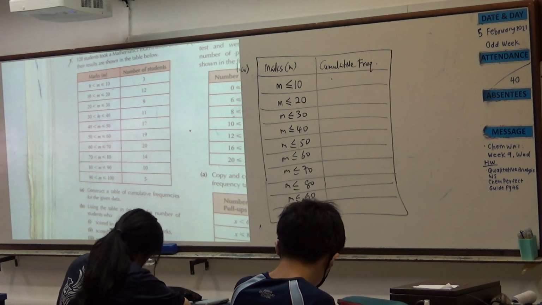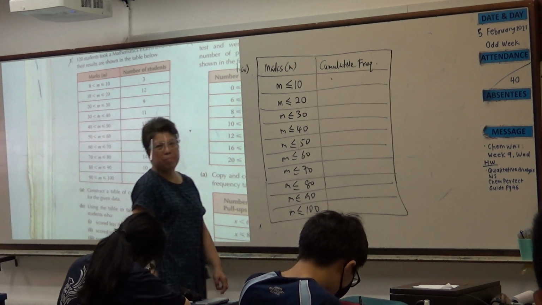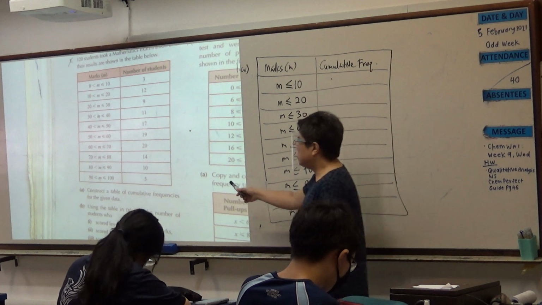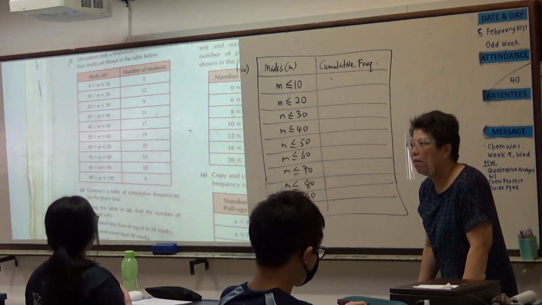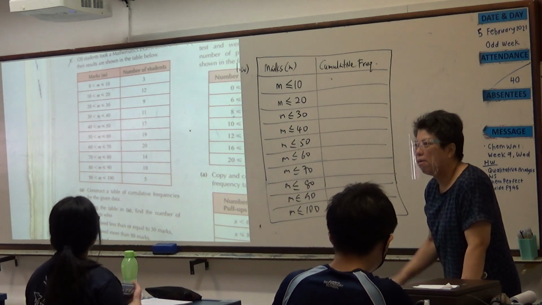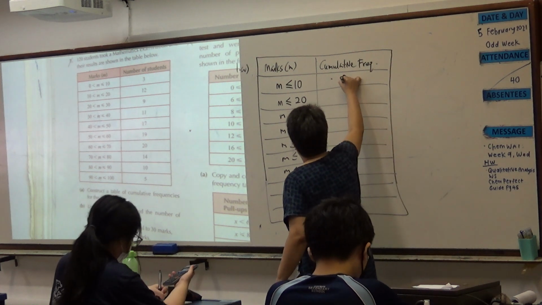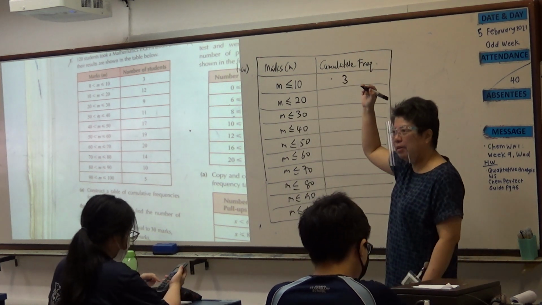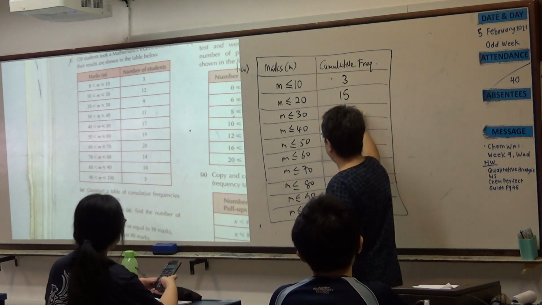Now we are going to do the frequency table. From this one to this one, you add or subtract? From this to this, you add or subtract? Add, right? Okay, good. So 3. Then what? 15. Very good. 24.